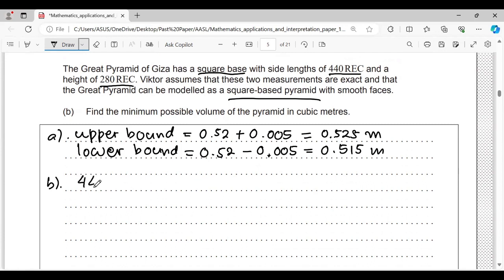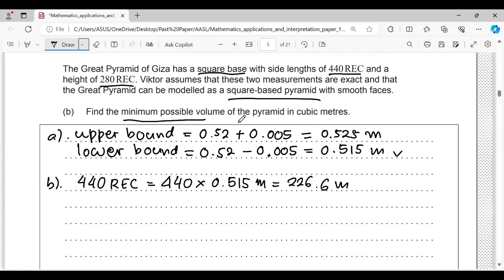So 440 REC equals 440 times 0.515 meters, which equals 226.6 meters. Why do we use this? Because we are going to find the minimum possible volume. It means we're going to use the lower bound.